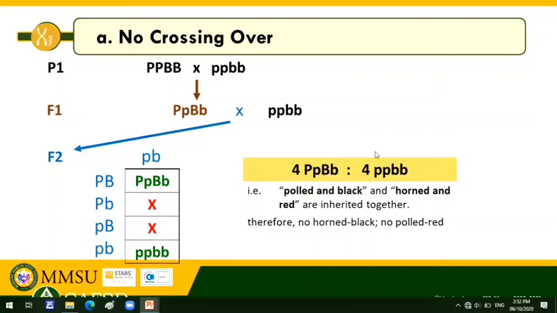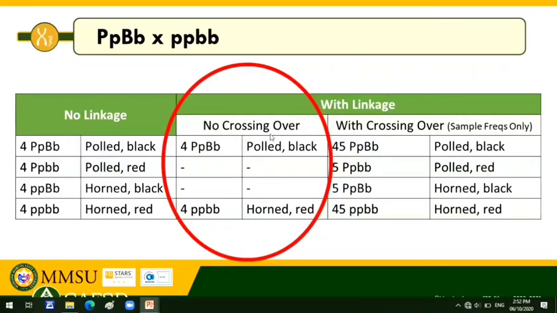So, if you recall, polled and black, these are the dominant phenotypes. So, horned and red, these are recessive phenotypes. So, they are inherited together following coupling linkage. So, therefore, no horned black, no polled red. Okay? That is inherited. Okay? So, ito na yon. Ito na yung no crossing over. Okay? With linkage but no crossing over.